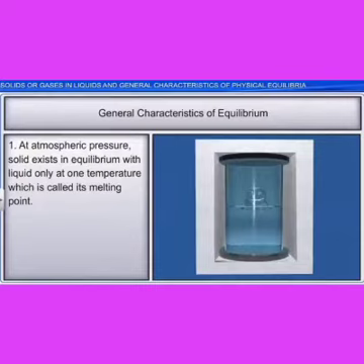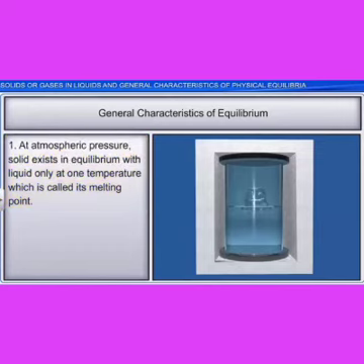Thus, we can summarize the general characteristics of equilibrium in physical processes as: at atmospheric pressure, a solid exists in equilibrium with a liquid only at one temperature, which is called its melting point.